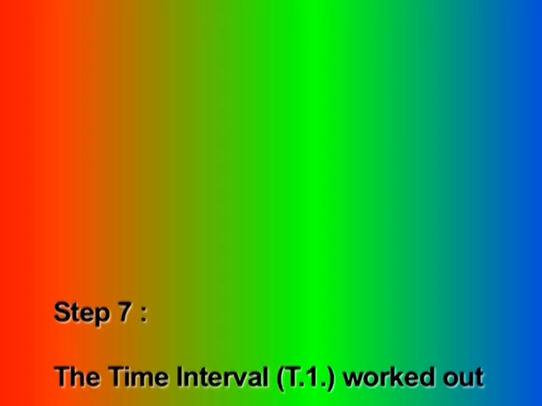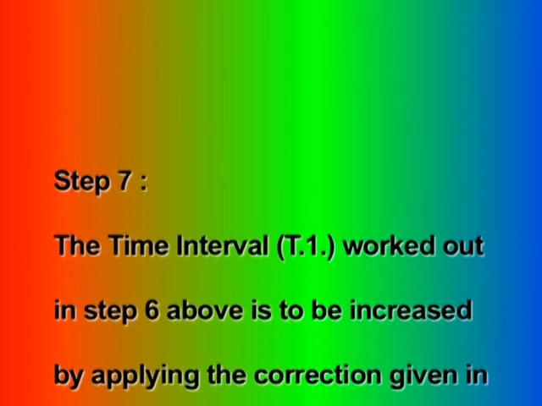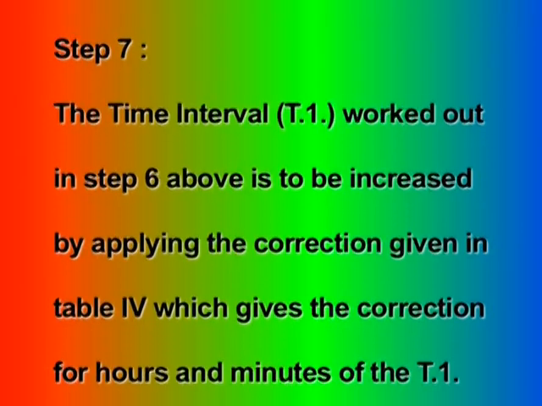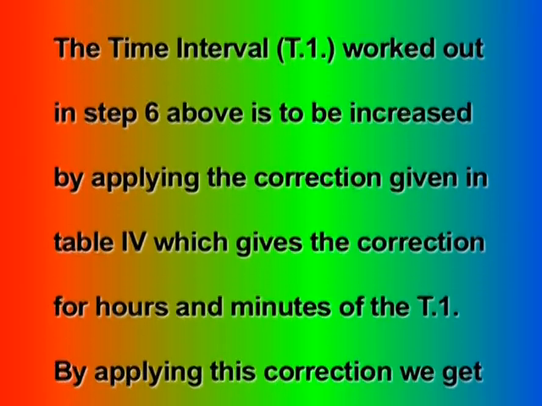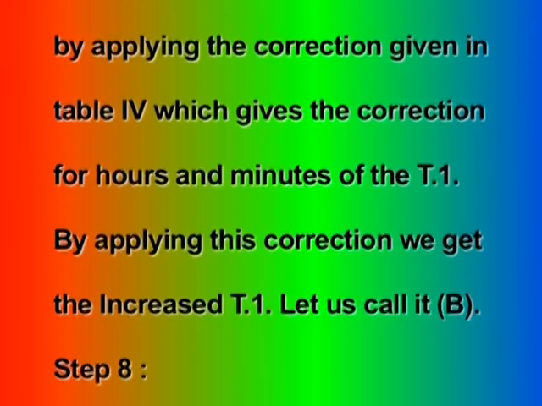Step 7. The time interval worked out in step 6 above is to be increased by applying the correction given in table 4, which gives the correction for hours and minutes of the time interval.